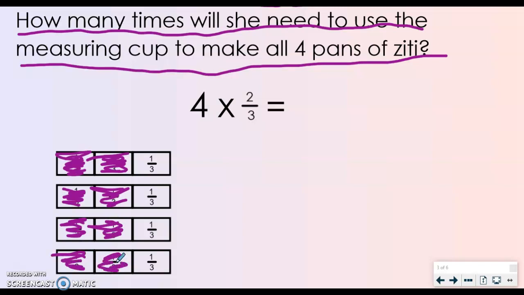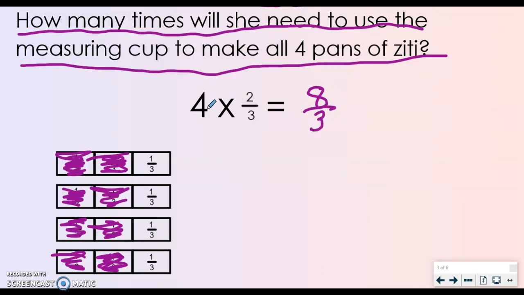Okay, so now we have our models here. We can easily count and see how many thirds we have. We can also think of it as, remember, addition and multiplication are related to each other. So if we were to add all these together, it would be the same as multiplying. Here we have 2/3, 2/3, 2/3, and 2/3. If I count these all up, 1, 2, 3, 4, 5, 6, 7, 8, that equals 8/3.